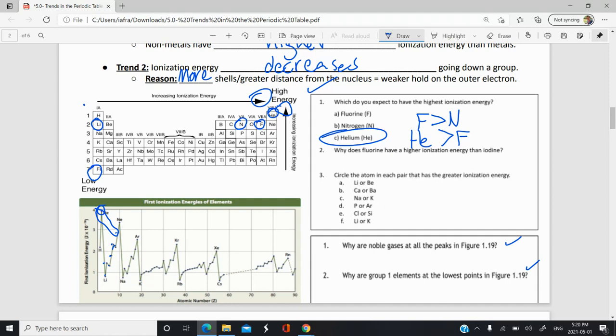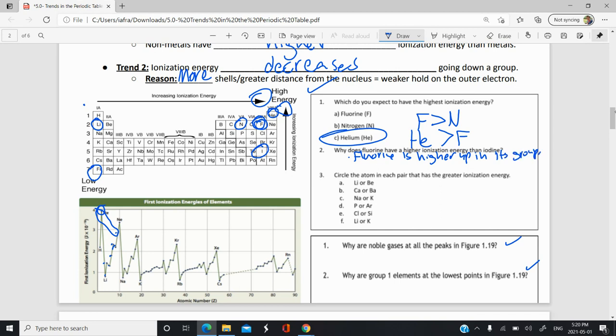So why does fluorine have a higher ionization energy than iodine? So here's fluorine and here's iodine. So there's two ways you can answer that question, or two things or parts I'm looking for in your answer. So first of all, I'm looking for fluorine is higher up in its group.